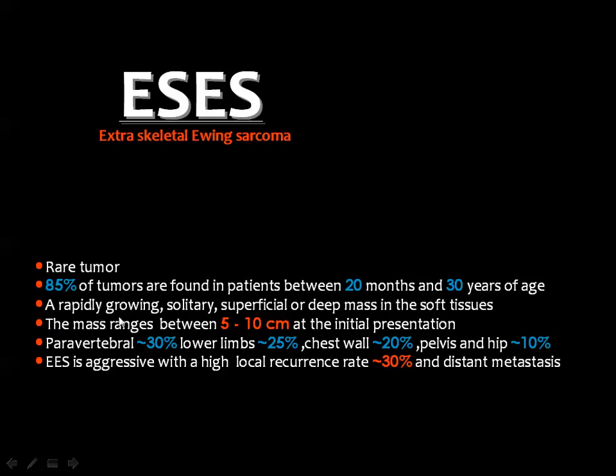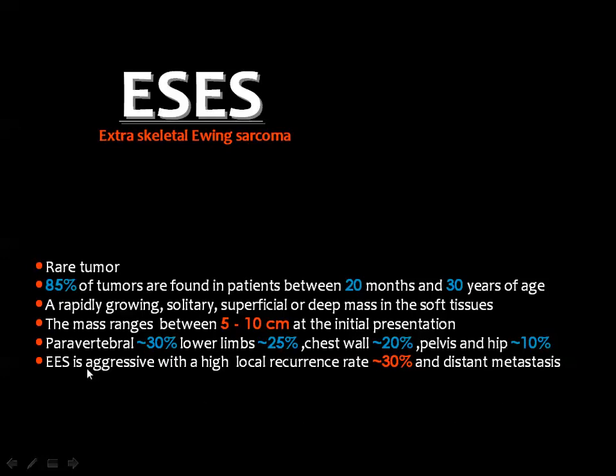This is a rapidly growing solitary superficial or deep soft tissue mass, and the mass size may range from 5 to 10 centimeters at the initial presentation. These are the common locations: paravertebral, lower limb, chest wall, pelvis, and the hip.